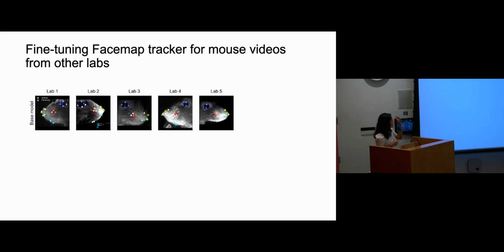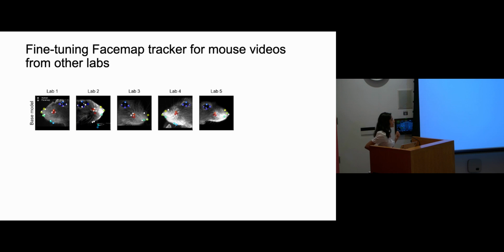And so this is, I guess, the base model performance, our model trained on the 2400 frames on the lab data set. And as you can see, that is still quite off, and it can vary depending on the lighting used in those setups, or sometimes if it's a very different camera angle than the ones that we've trained on.